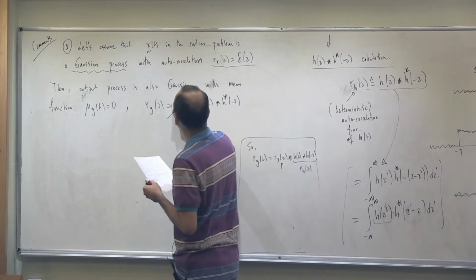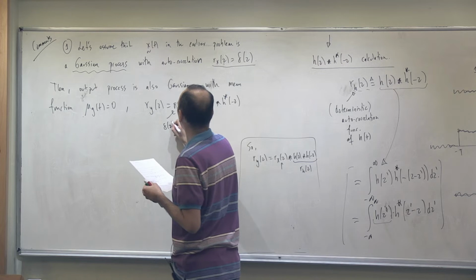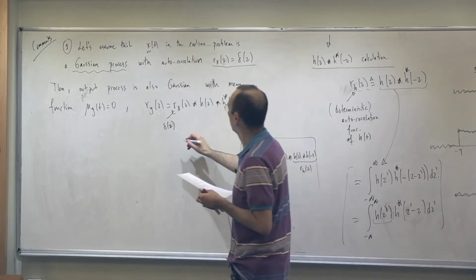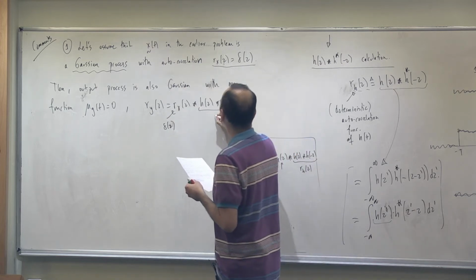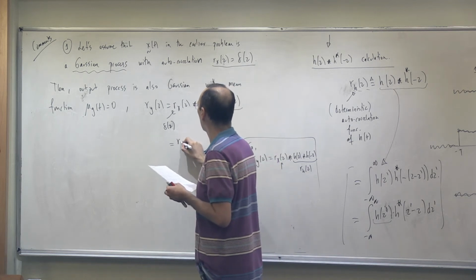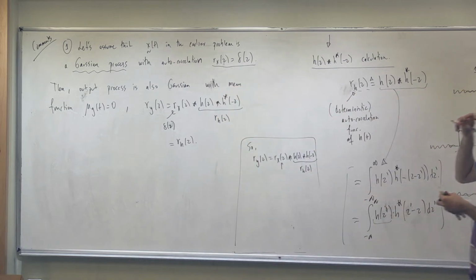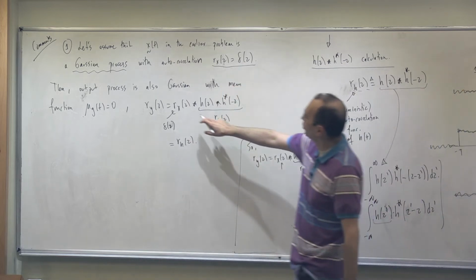But this is given as delta of tau, an impulse. So this becomes what we call the deterministic autocorrelation itself. Okay? Because this is the convolution with an impulse.